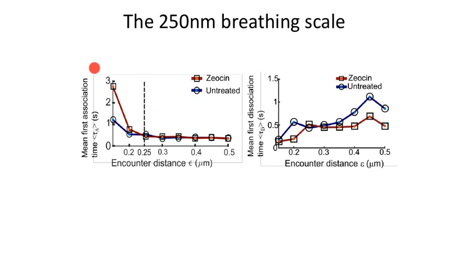And this result is also confirmed in the dissociation time, the time it takes for these two loci to move apart. So it takes less time for Eocene, again, probably because locally the chromatin is less crowded.